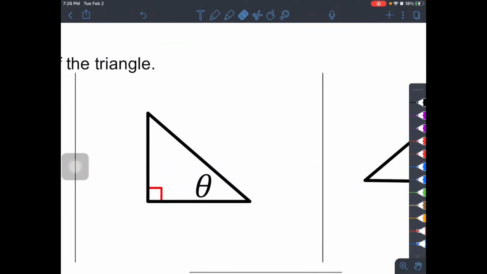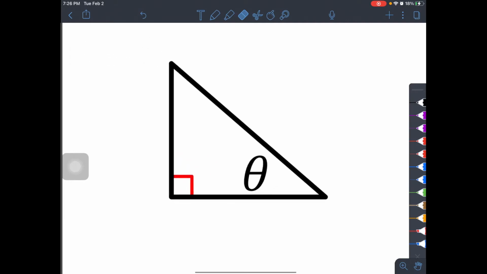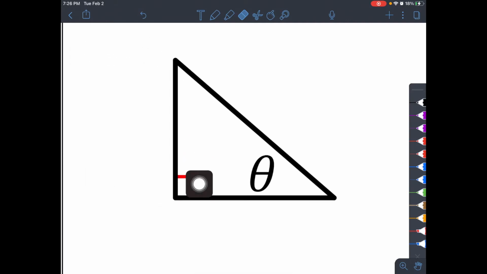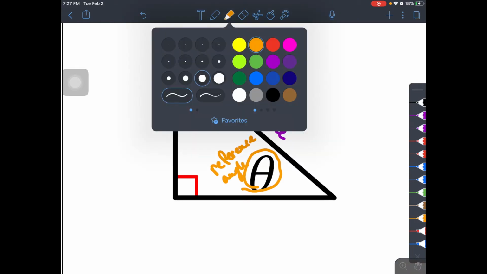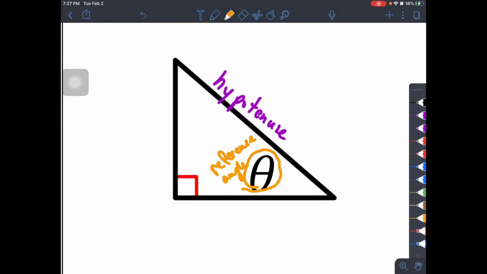Let's take a look at this next one. So same thing, I identify right away where's that right angle. That tells me where the hypotenuse is. We know where our reference angle is. That's this theta. And again, I'll highlight one more time. Right, this is what our reference angle is. One side is the hypotenuse, the other side is a leg.